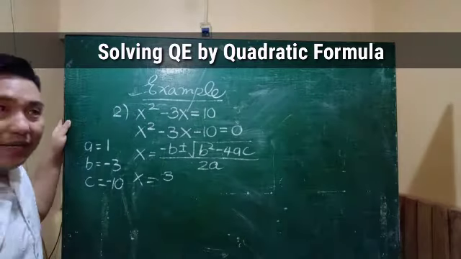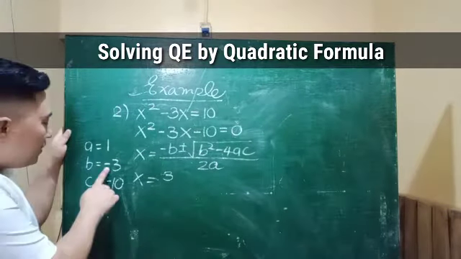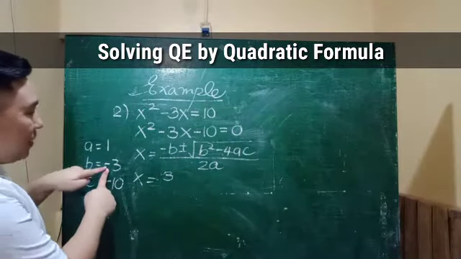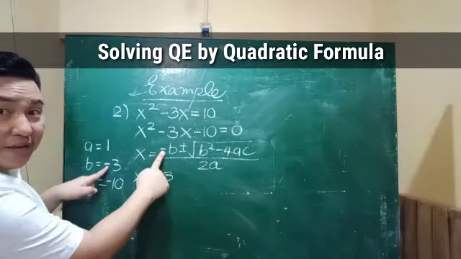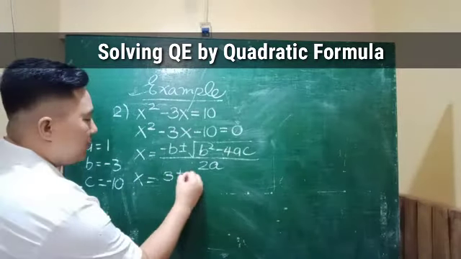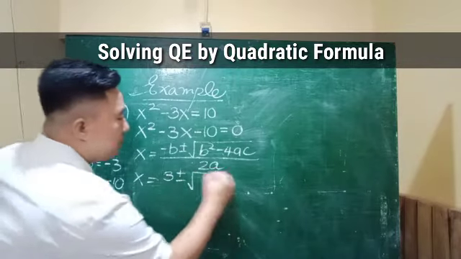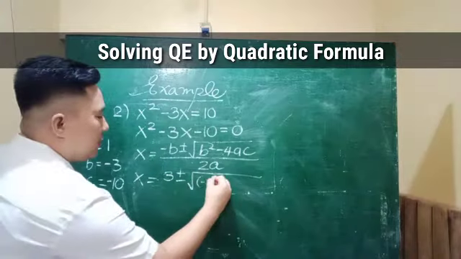Kuha? Kanina, negative pa rin kasi ang B natin ay positive. Ngayon naman, dahil B natin ay negative at sa formula natin ay negative, negative times negative, magiging positive. Kaya positive 3 plus minus square root of our B here is negative 3 squared.